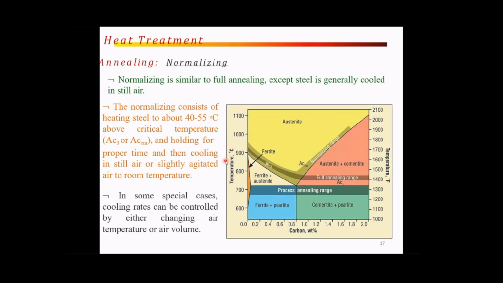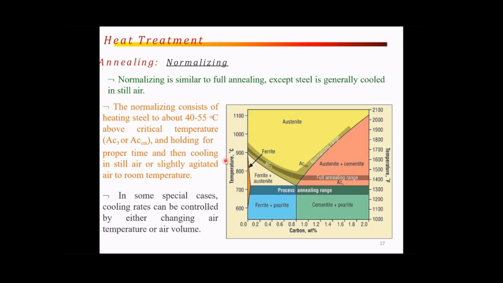So next one is normalizing. Normalizing is also similar to full annealing, except steel is generally cooled in still air. Normalizing consists of heating the steel about 40 to 55 degrees Celsius above the critical temperature, that is up to 800 degrees Celsius, or for low carbon steel, up to 900 degrees Celsius.